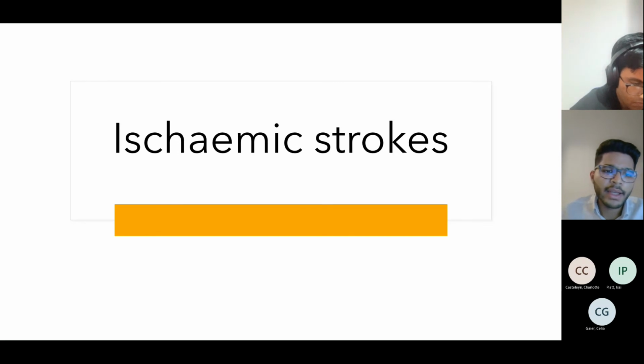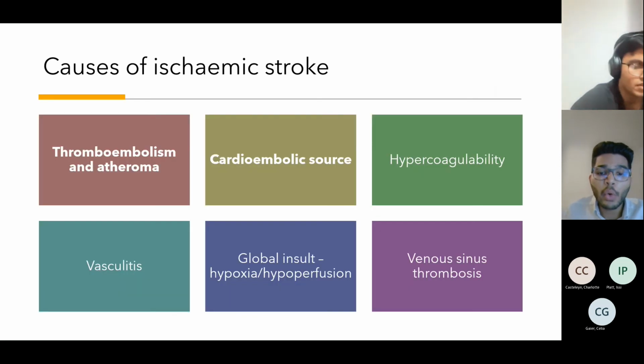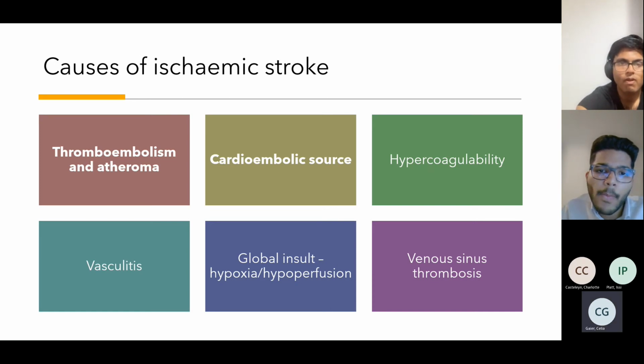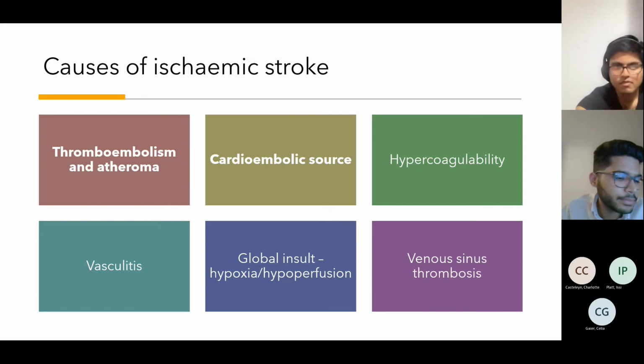So Charlotte and Celia, could you give me some causes of an ischemic stroke? Is it AF? Yeah, good. So how does AF cause a stroke? Is it when an embolus travels from the heart to the brain? Yeah, exactly. So we call that a cardioembolic stroke.